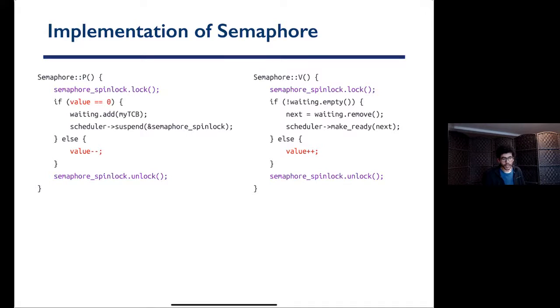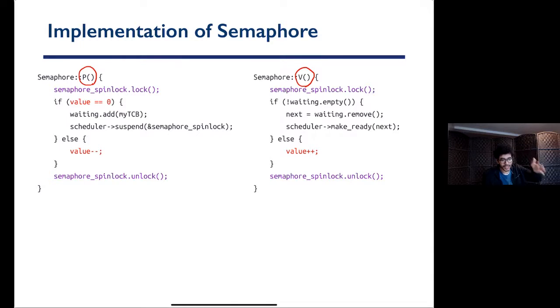So one thing I want to emphasize, P is supposed to decrement the value and V is supposed to increment the value. And that's the functionality of P and V. So this is how we defined P and V.